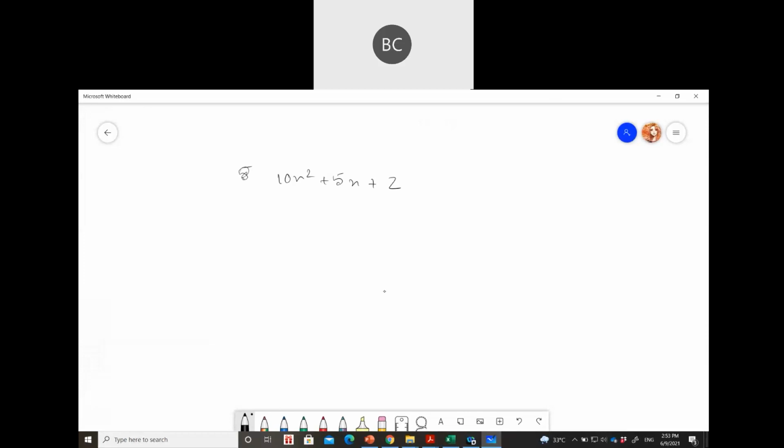Then you have to find the time complexity. In that case, you can simply write it will be O(n squared), because we are mainly concerned about the part which is increasing the time. Okay, here it's exponentially increasing, so we are only concerned about this part. We are going to ignore this part.